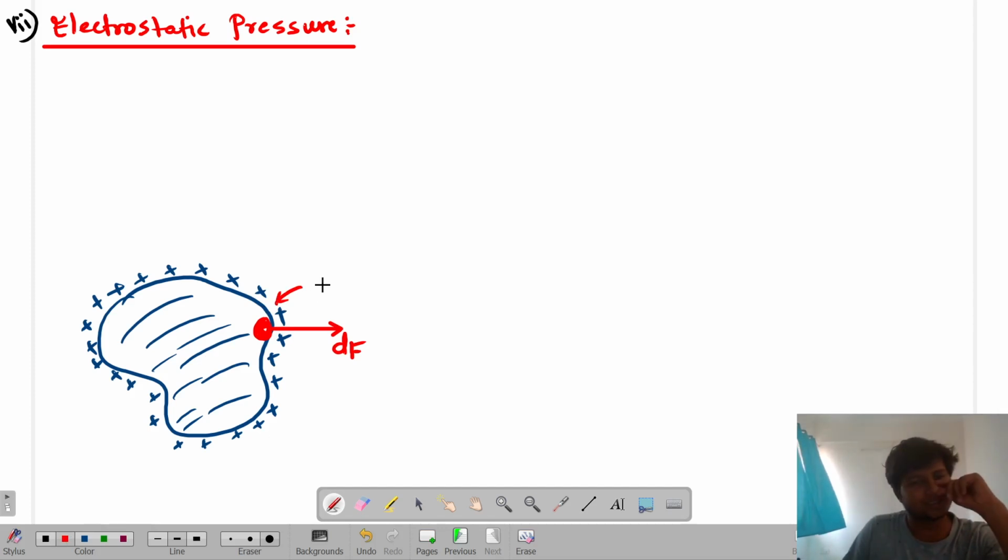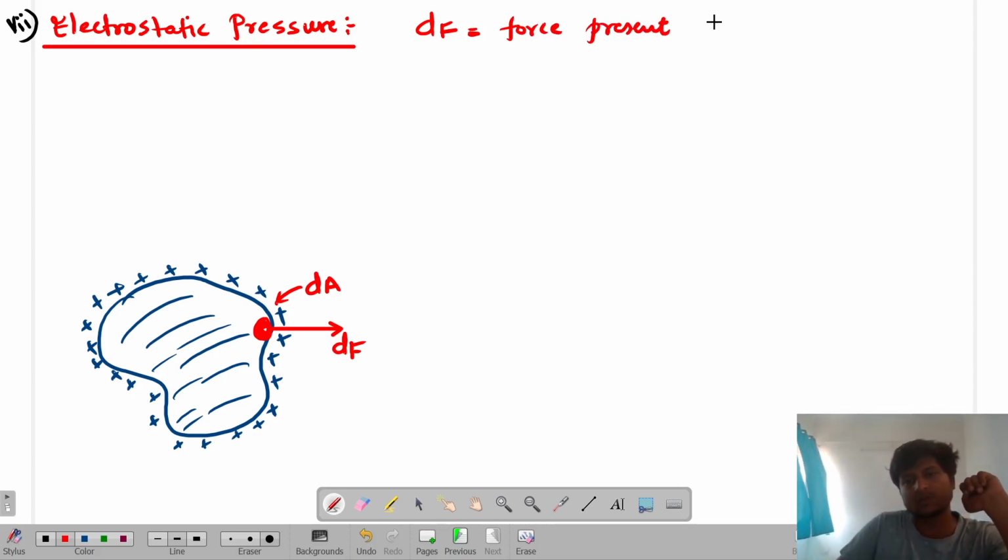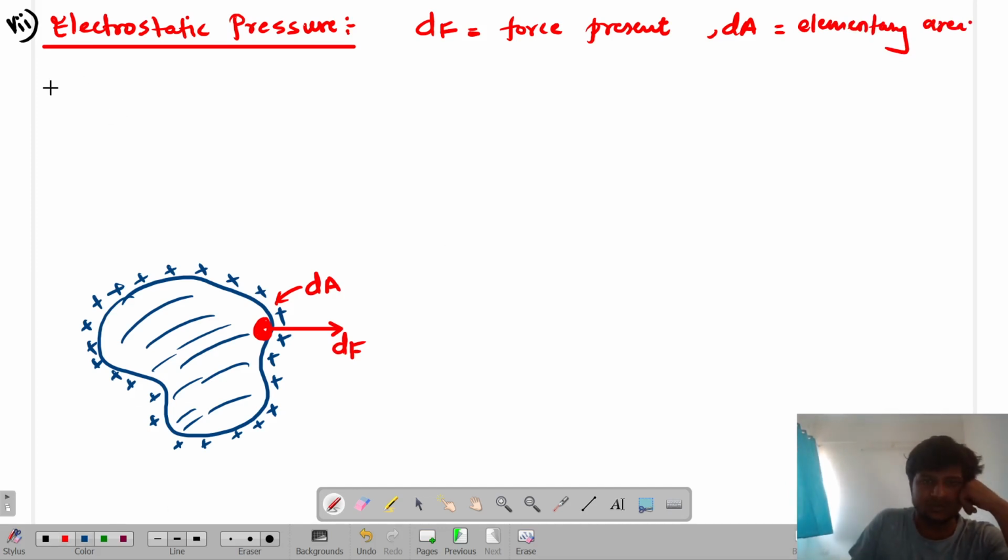So let us consider that the area of the element is dA. Okay, so dF is the force present, and dA is the elementary area. Then the electrostatic pressure. First, let us write the statement. What is electrostatic pressure?